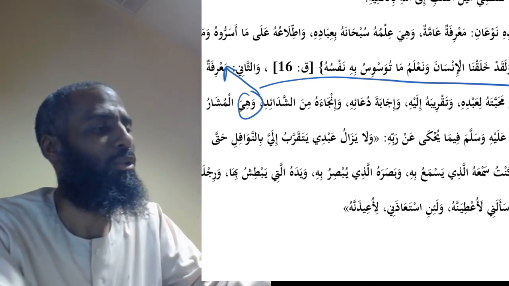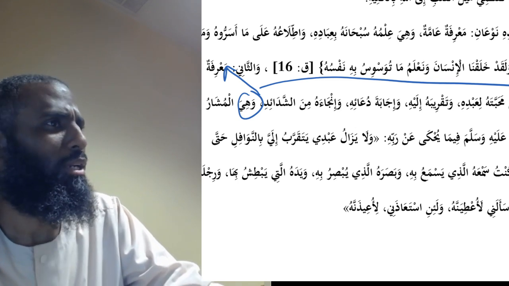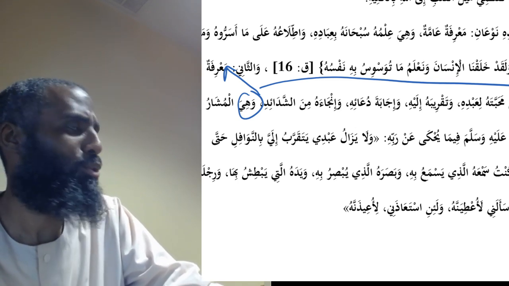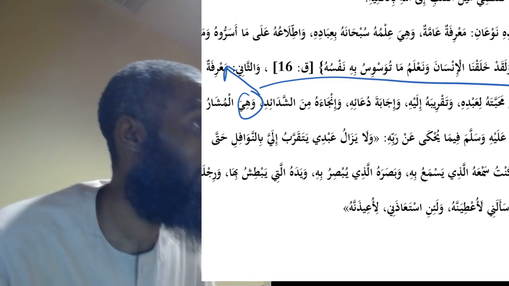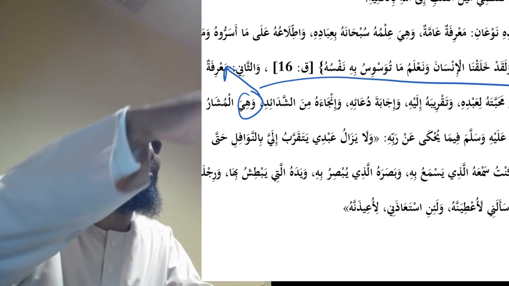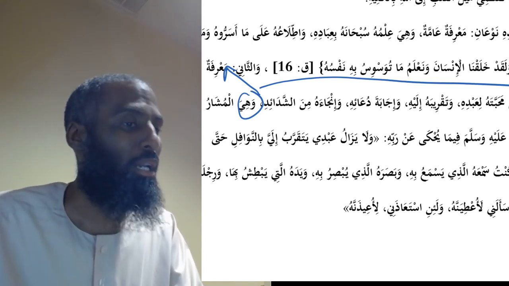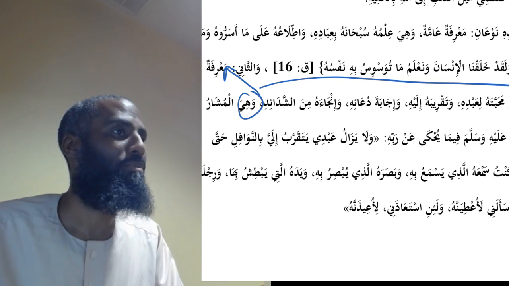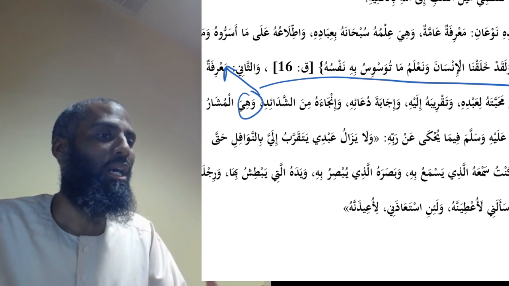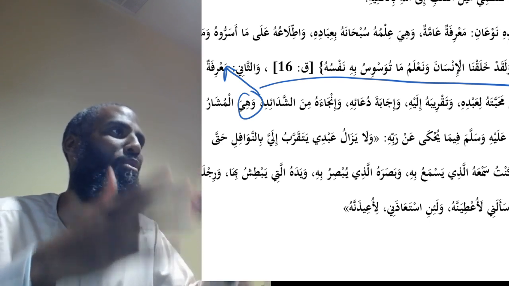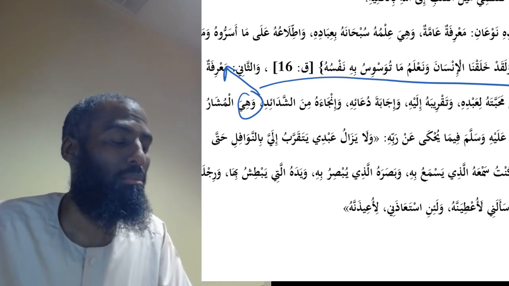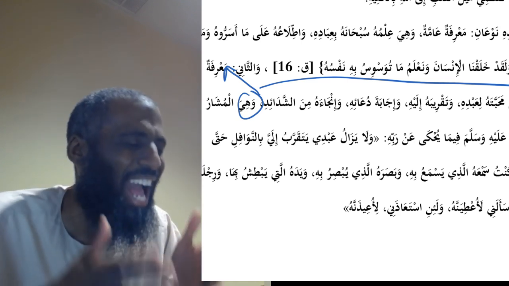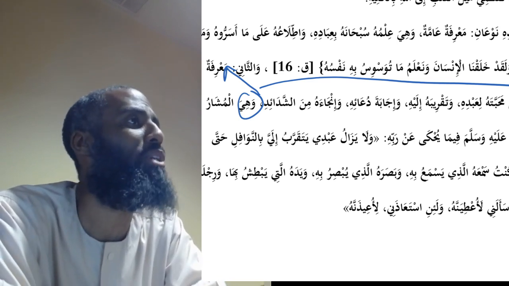Surah Hud, the 11th surah. Allah says there, وَلَا يَزَالُونَ, and you will continue to differ. La yazal means continue. Yatqarrab means to come closer. You with me, Habibi? وَلَا يَزَالُ عَبْدِي يَتَقَرَّبُ إِلَيَّ بِالنَّوَافِلِ حَتَّى أُحِبَّهُ. And my servant will continue to get closer to me by doing extra deeds until I love that person. With me, Sheikh? Continue.